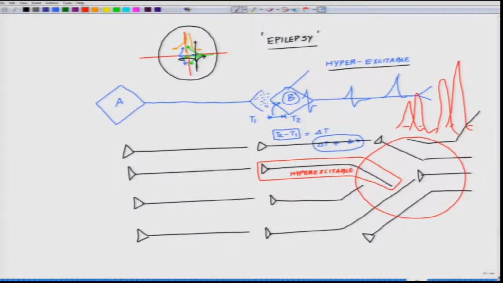Now, the hyperexcitability of this neuron will kind of make this one hyperexcitable. If it has processes to this one, it will make it hyperexcitable, or a process to this one, it will make it hyperexcitable. So, if it is only supposed to send a signal like this, because of its hyperaction, it will send anomalous signals to these locations. And if such sites are more, what will happen? There will be a huge amount of anomalous signal coming up, which was not supposed to be there.